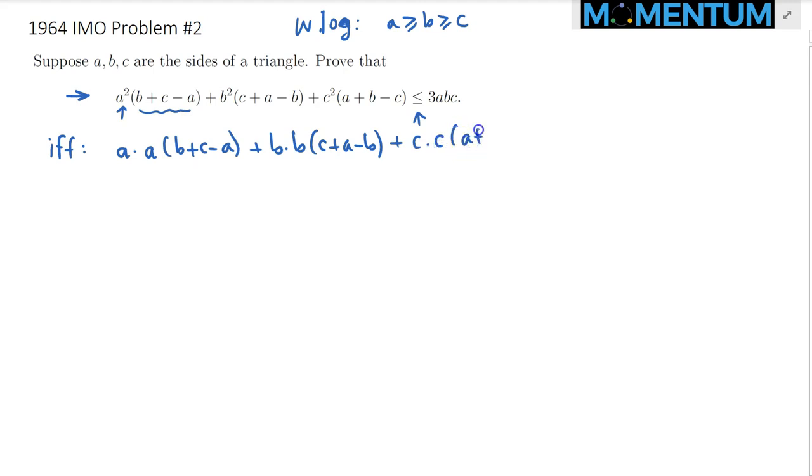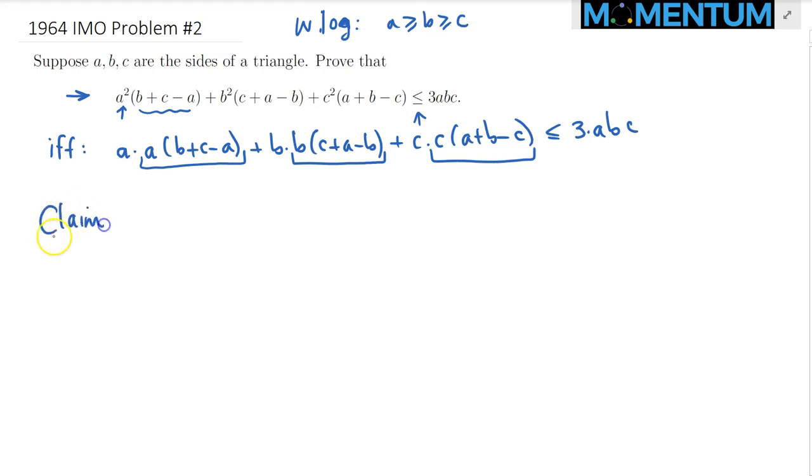C times A plus B minus C, so that's what we want to prove. And check this out. If you compare this term with this term and then that term, it turns out that I have the following claim.